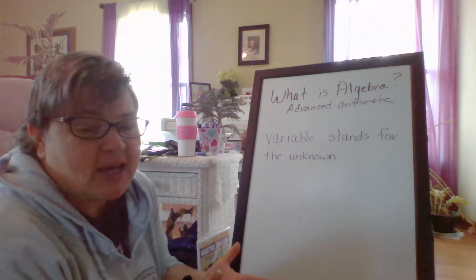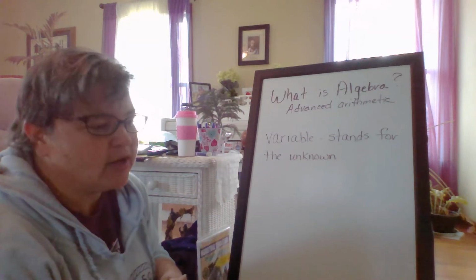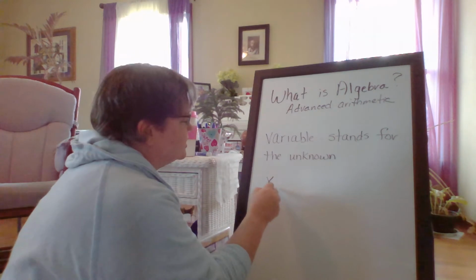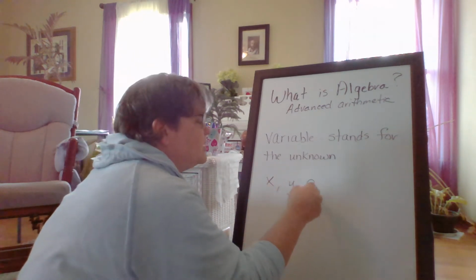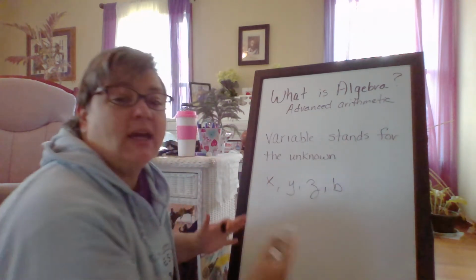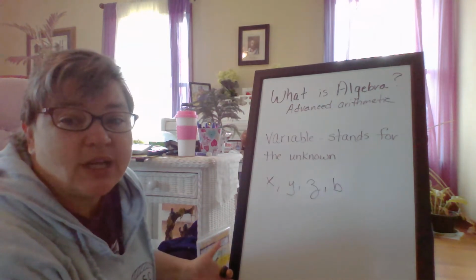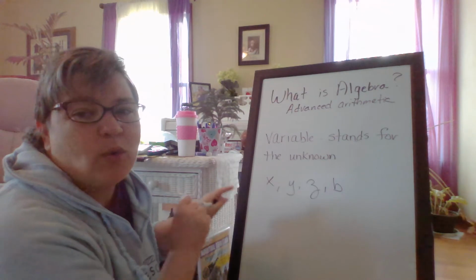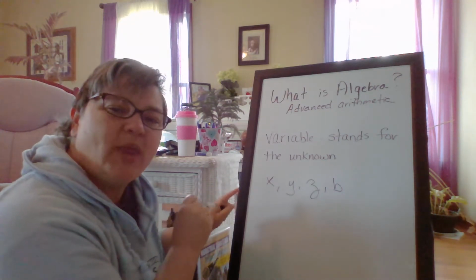That shouldn't be the case because all that the letter stands for is the unknown. So if you see an X, a Y, a Z, a B, etc., when you see those letters in an equation, it just means that that is what we're looking for. We're trying to figure out what that is.